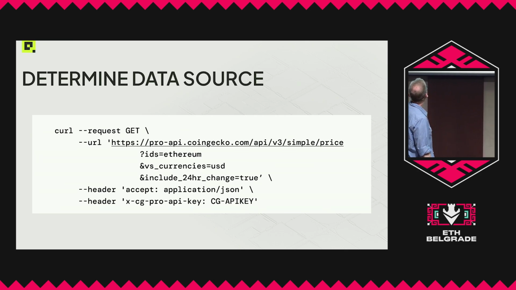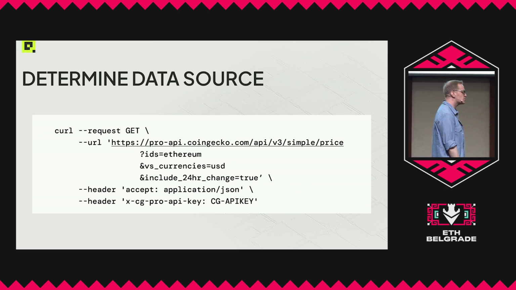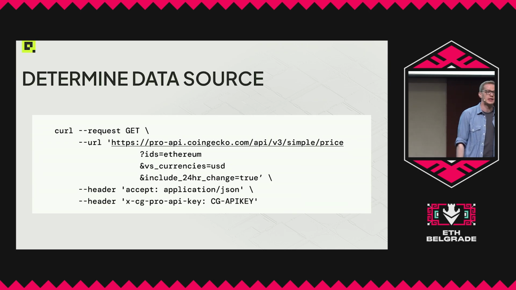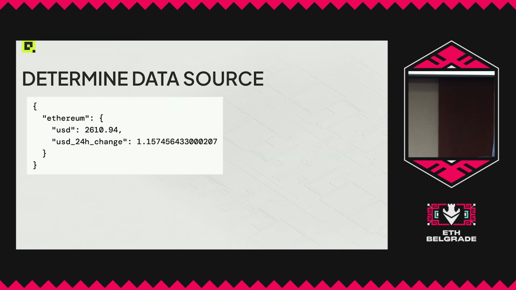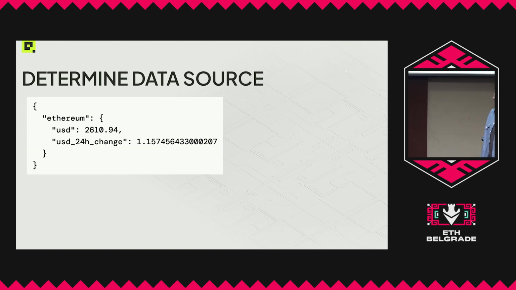So what's interesting here? We have a few query parameters. We have a few headers, one of which contains sensitive data. It's the CoinGecko API key. From this API, we expect to get a response like this.